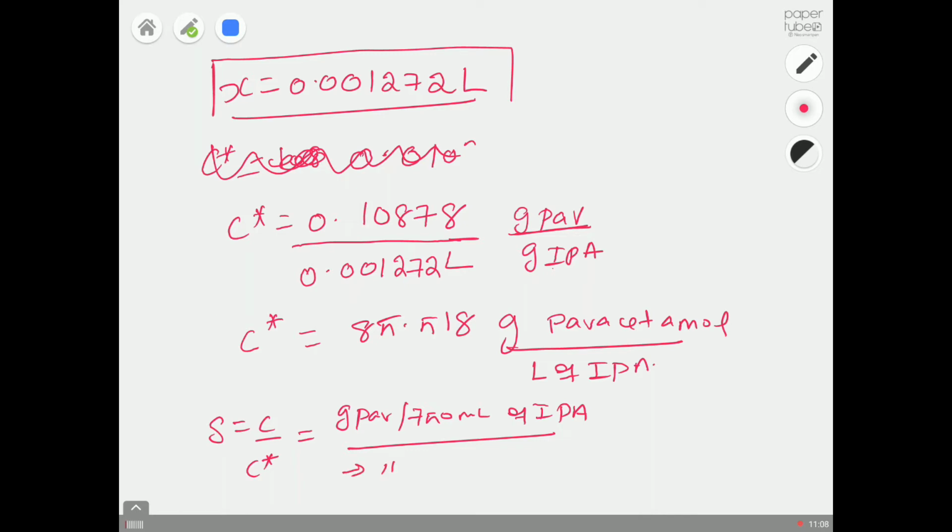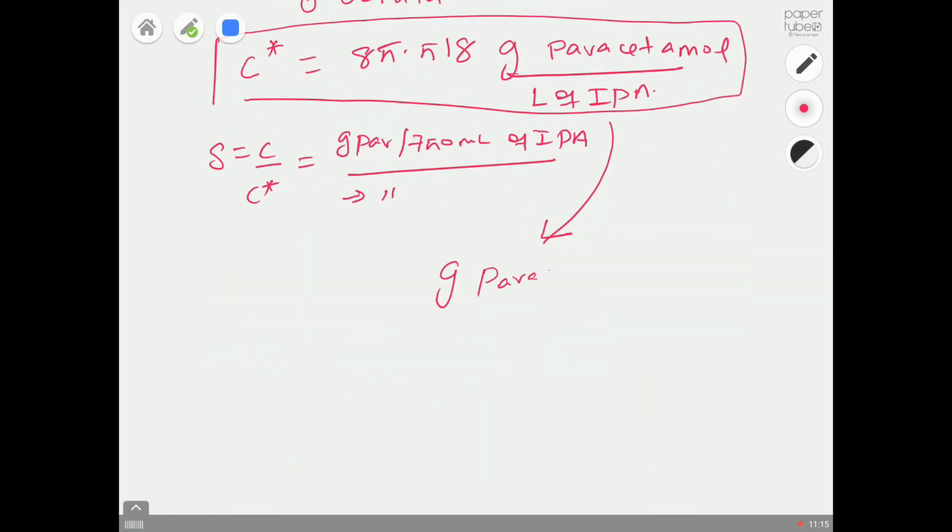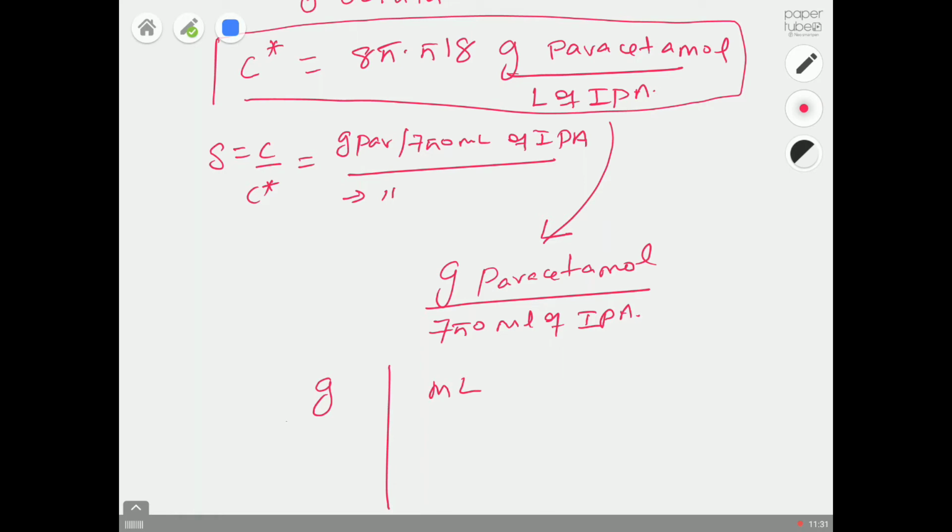So we have to convert this C star to grams of paracetamol per 750 ml of IPA. So how to do that? It's very simple. So just take this value. So 1 gram and then milliliters. We know 1 liter is equal to 1000 milliliters.